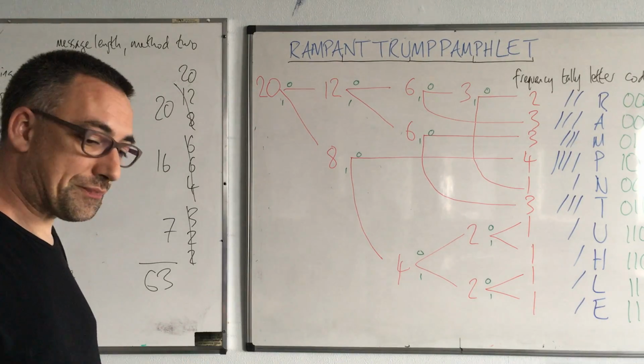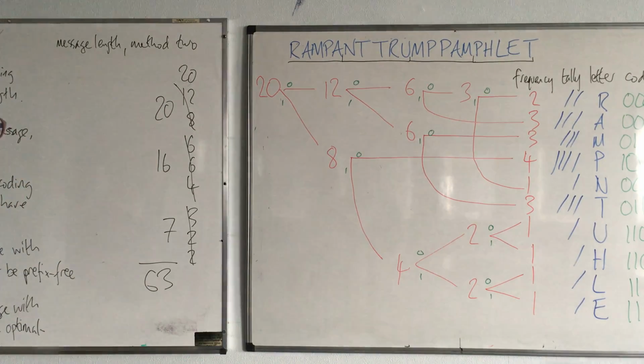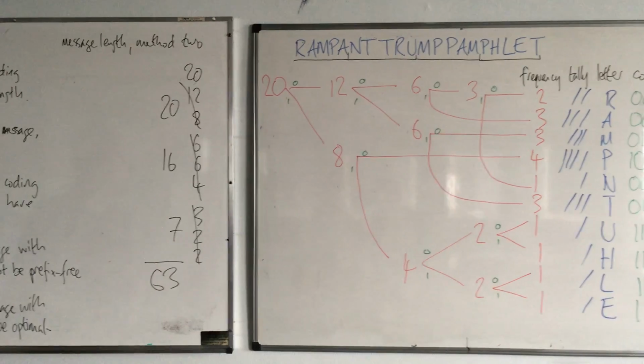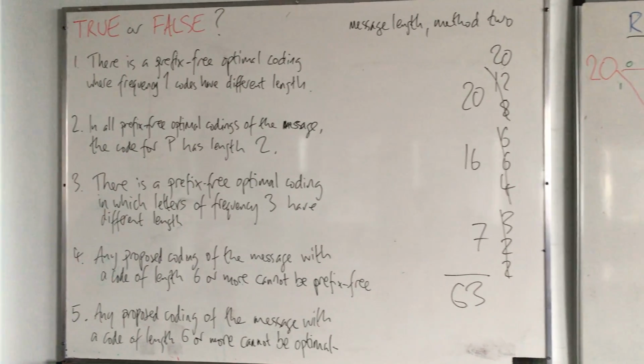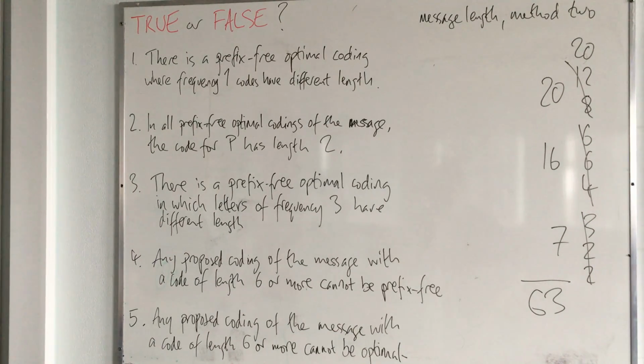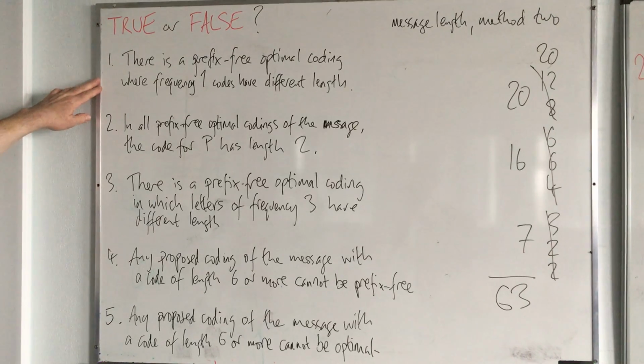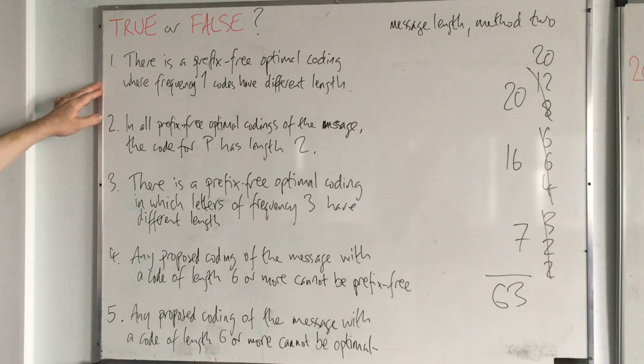Always worth it. Okay, now we have some true or false questions to answer for the last marks in the question. First, we are asked whether it's true that there is a prefix-free optimal coding where frequency 1 codes have different length.